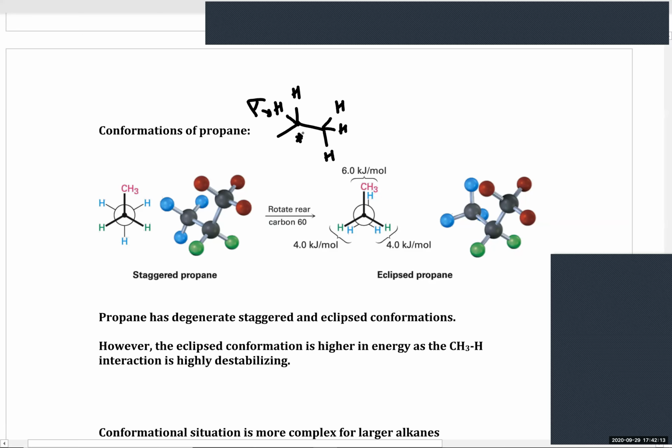First things first, when you're doing a conformational analysis problem, I highly recommend just making a model for your structure. Let's put together a model of propane.